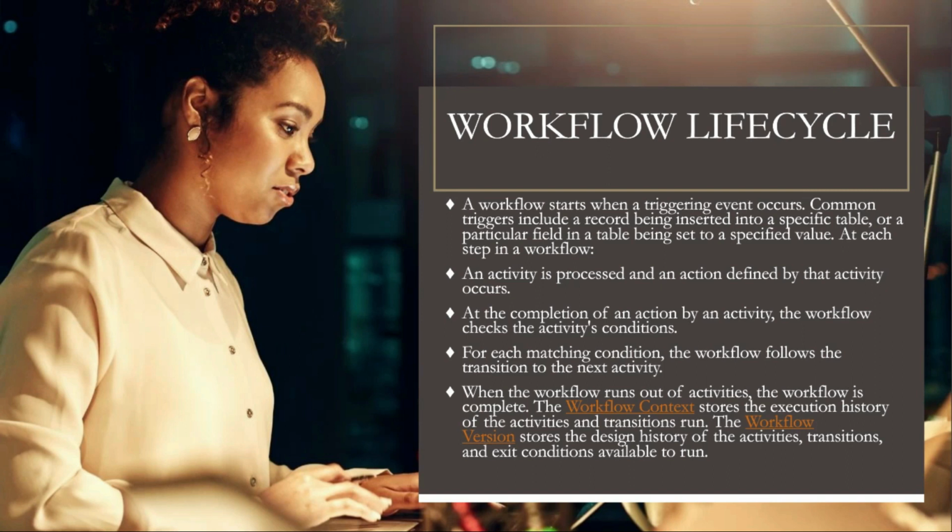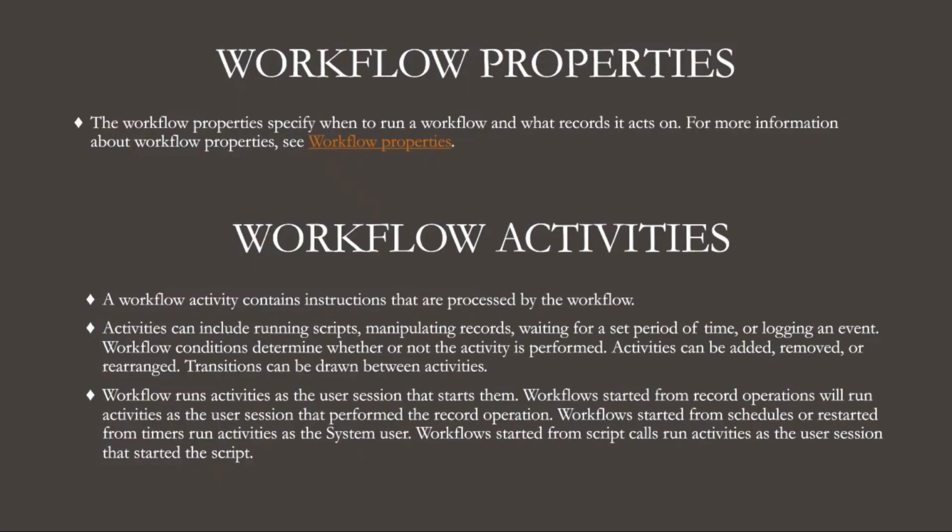The workflow version stores the design history of the activities, transitions, and exit conditions available to run. So this is the workflow life cycle, how it works as part of a record or a table where we run this workflow.